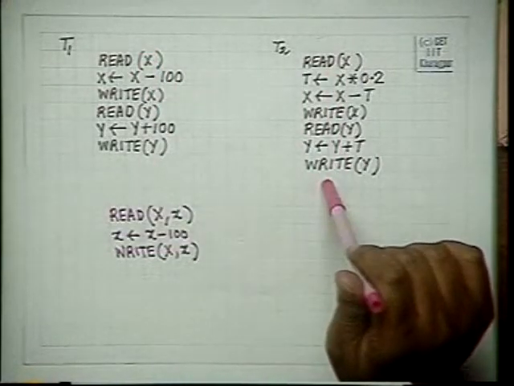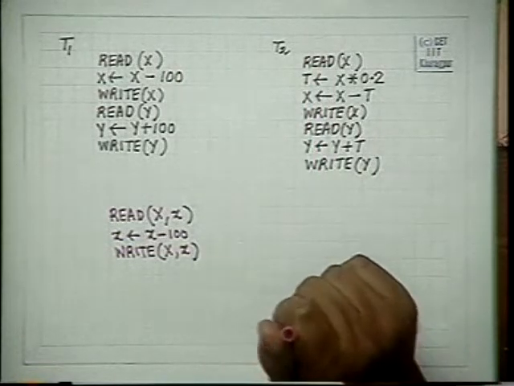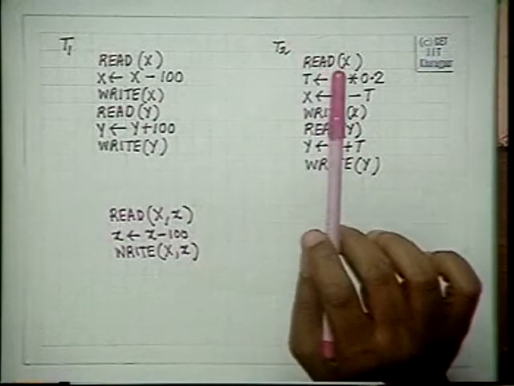T1 and T2 can be interleaved in any fashion, but the value of x plus y must be consistent. That is the consistency criterion. So if they are executed serially, that is, if we have a serial schedule T1 followed by T2, or another serial schedule T2 followed by T1, both of them are consistent schedules.